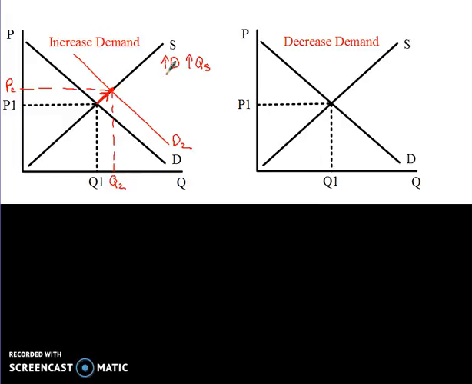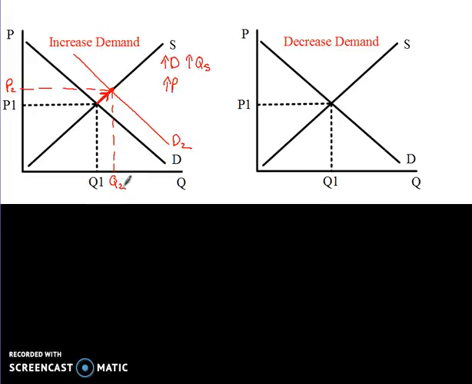So we had an increase in demand because the demand curve shifted right. We had an increase in the quantity supplied because we moved along the supply curve. Quantity increased, we moved along the supply curve. That's increased quantity supplied. And then over here the price went up, so we say increased price.